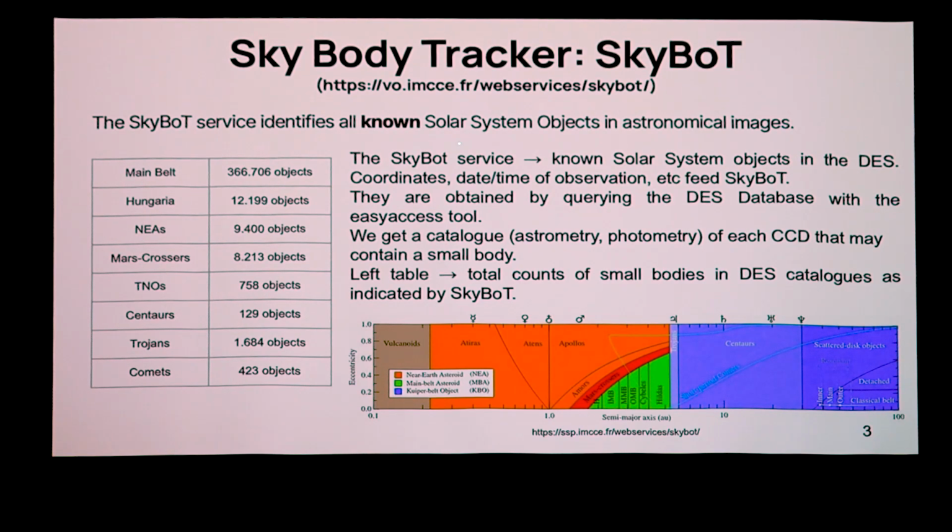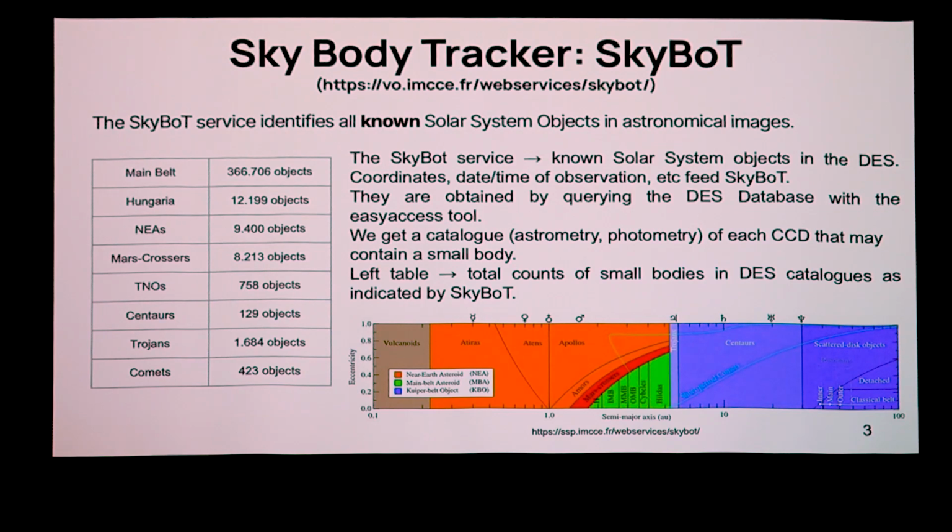We use a tool called SkyBot to find these objects. Providing pointing, date of observation, site, and field of view to this tool, it will return all known solar system objects that may appear in the field of view.